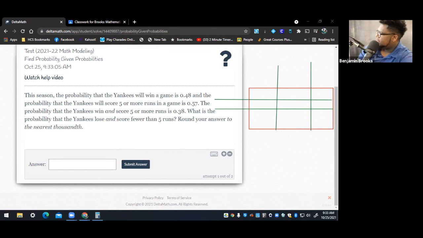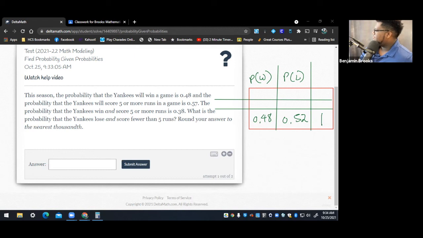So let's see. The probability that the Yankees will win a game is 0.48. And the probability that they'll lose, you can think about it, is going to be 0.52, right? Because that'll be one.